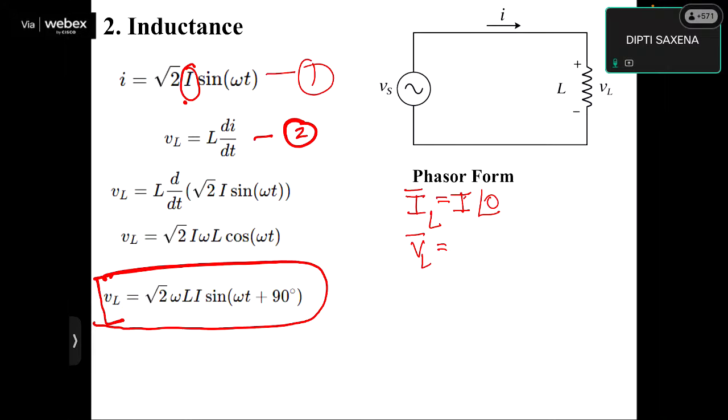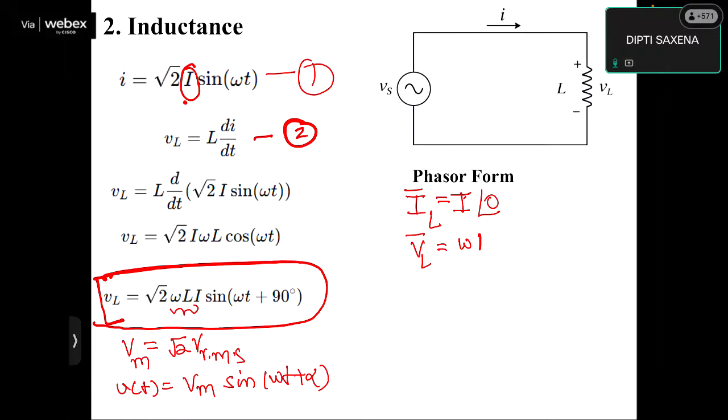I hope you remember the relation: maximum value is equal to √2 times the RMS value, and every sinusoidal expression is written as v(t) = Vm sin(ωt + α). So comparing both equations, you can see that the RMS value is ωLI at angle 90 degrees.